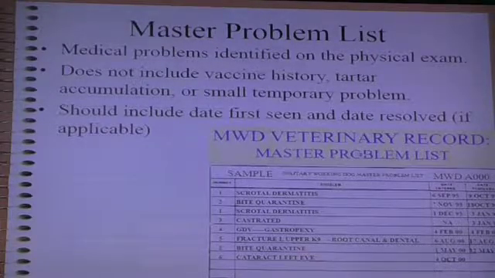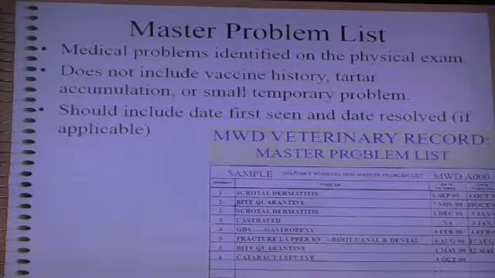Problem 1 is this, problem 2 is this, problem 3 is this. Then when you go into soap, you can put 1 and whatever you're seeing on objective, 1 on assessment, and 1 on plan. You don't have to write it out each time. The reader refers back to the master problem list. Okay?